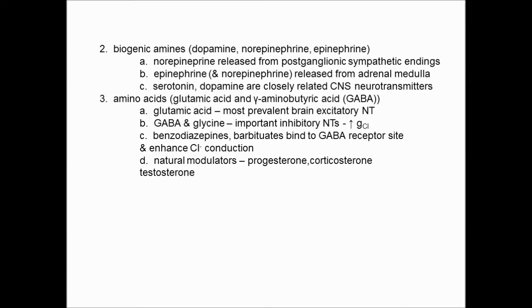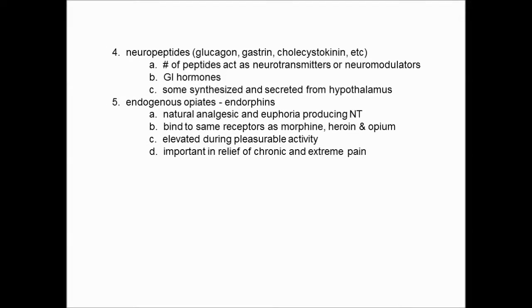We'll talk about some other agents in these same families that modulate neural activity, as we call it: progesterone, corticosterone, testosterone, mainly when we get to the endocrine system. Don't worry about it for this test. They just modulate the activity of some of these central neurotransmitters, but we'll save that story for later. I'll just put it in here for completeness.